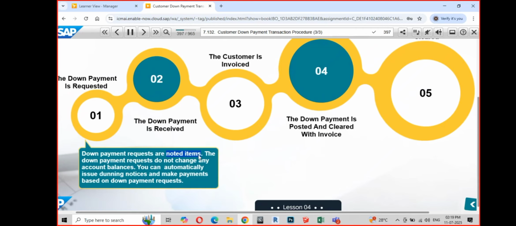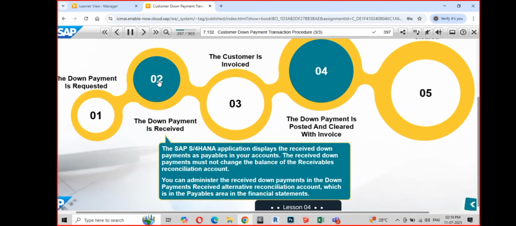This is the step where the actual transaction takes place. Can you see this? There is an effect on the financial statements. Now you have the invoice happening.